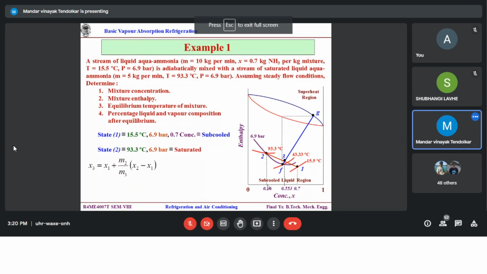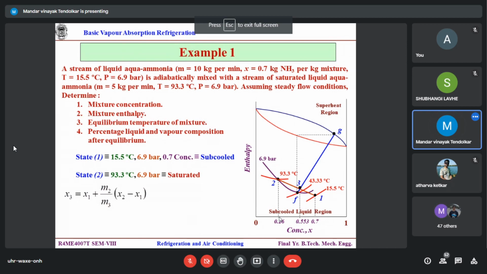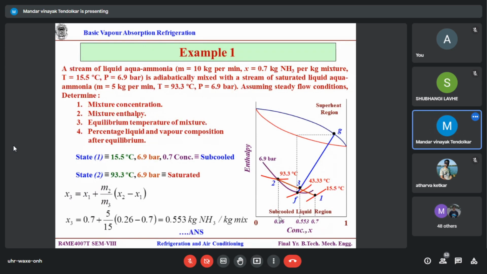M1 is how much? 10. M2 is 5. M3 is mixture. Correct? Sorry, M3 is total, yes.